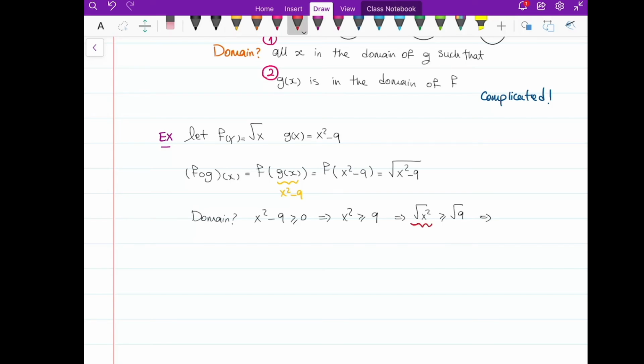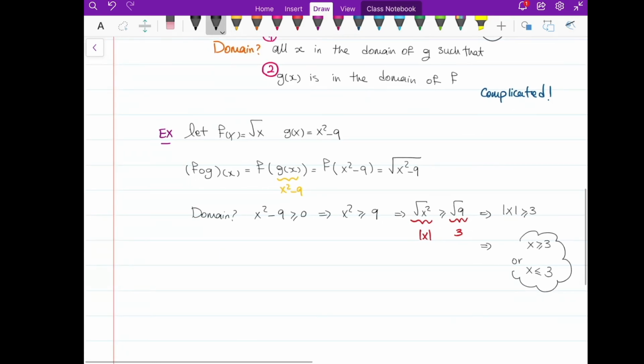Square root of x squared is absolute value of x. Square root of 9 is 3. So absolute value of x is greater than or equal to 3. So x is greater than or equal to 3, or x should be less than or equal to -3. Okay, so this is the domain of this function. Everything that is greater than 3 or actually less than -3. I forgot to put the negative in here.